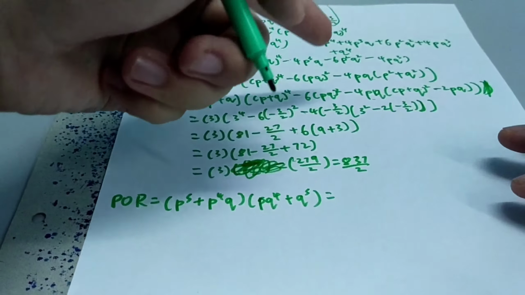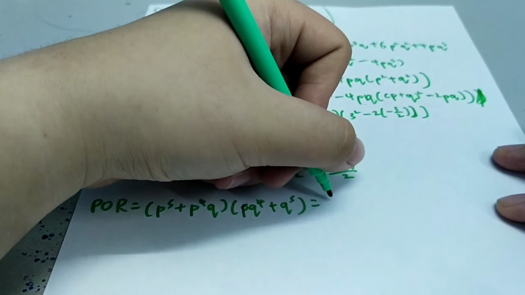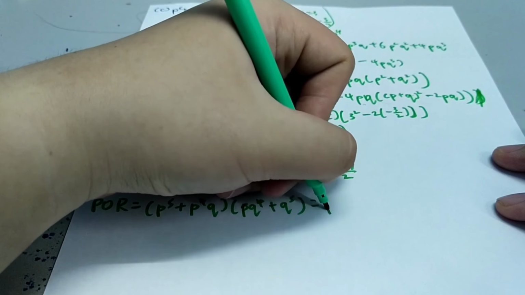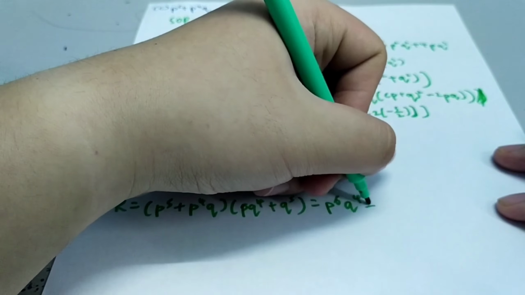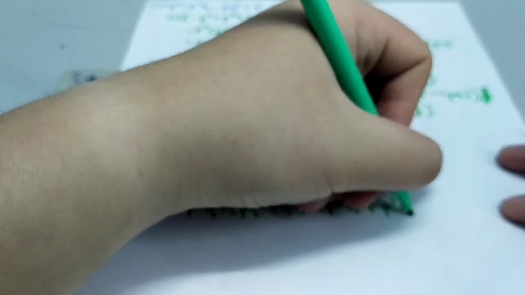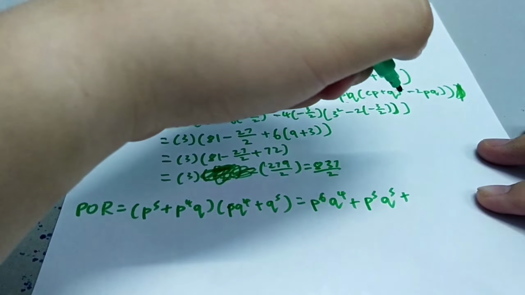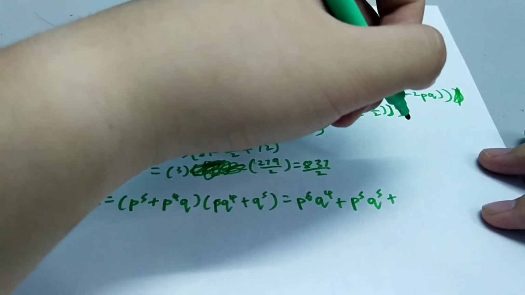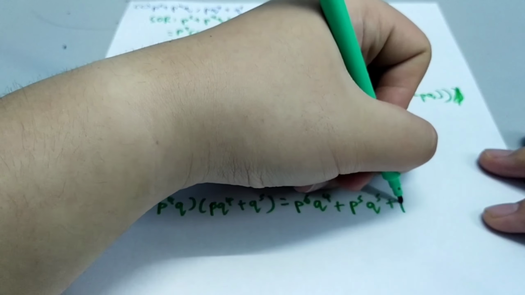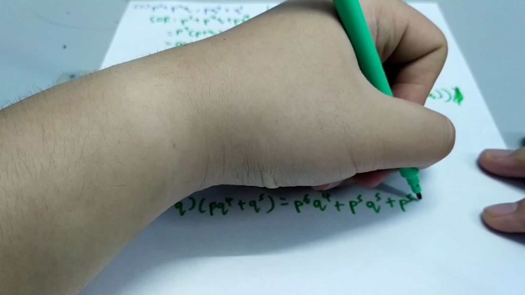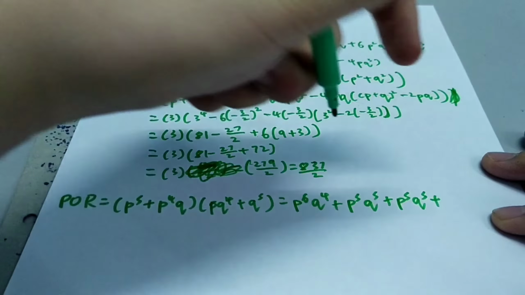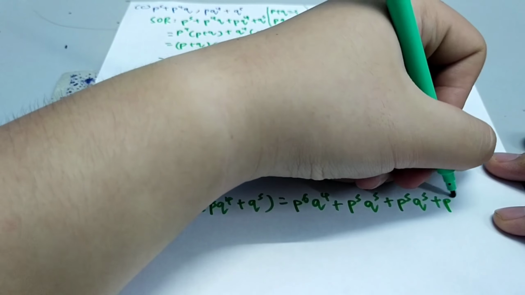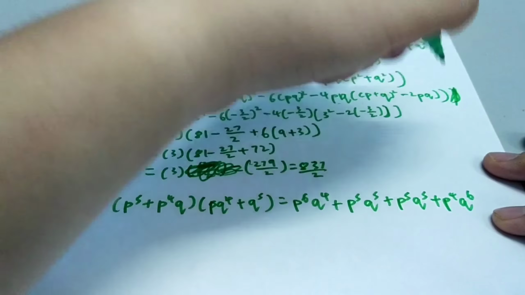And this is equal to p power 6 times q power 4 plus p power 5 q power 5 plus p power 5 q power 5 plus p power 4 times q to the power of 6.